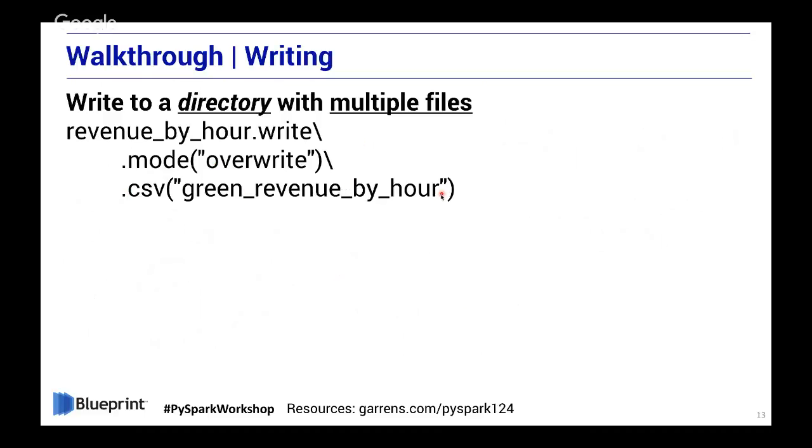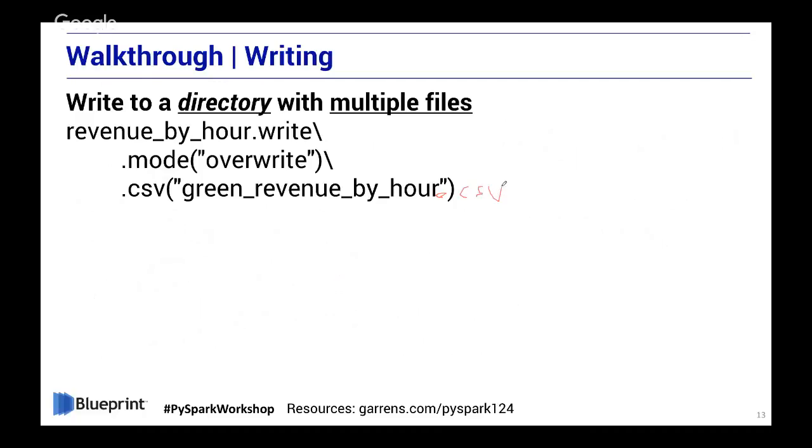And so green revenue by hour now, this is going to be a directory, as I note here, with multiple files. So even though you might say .csv and green revenue by hour, and you might even put in a .csv at the end there out of just habit, even if you did that, it doesn't matter.